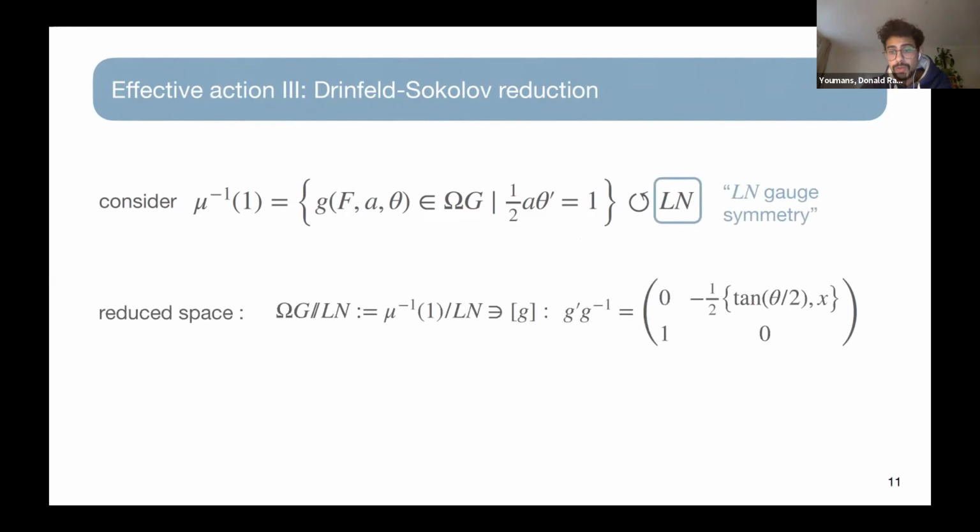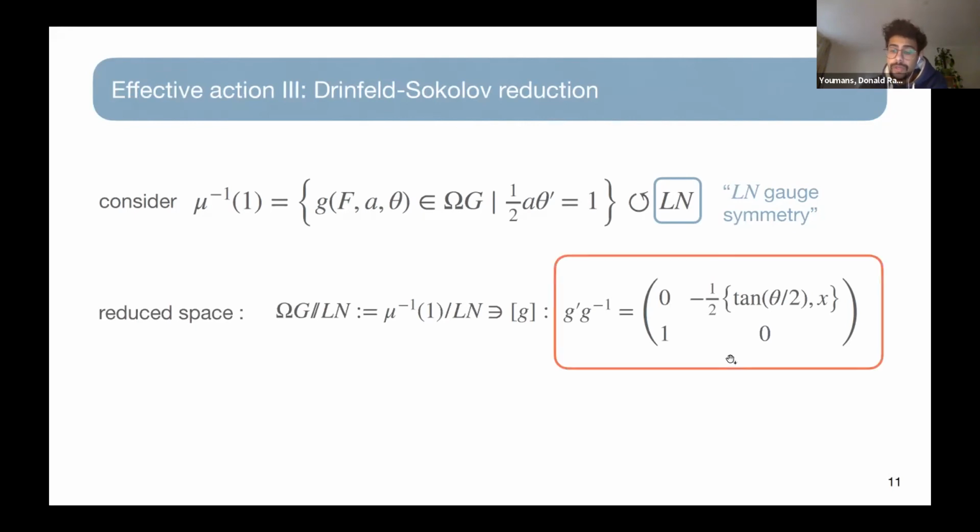And then the reduced space using this Ln action always admits a unique representative, or any class G, I should say, admits a unique representative G such that G prime G minus 1 takes this off-diagonal form.